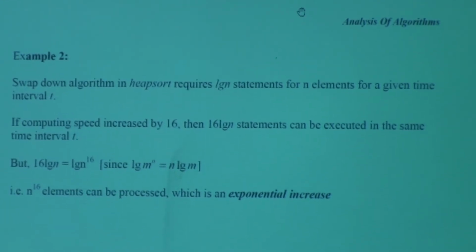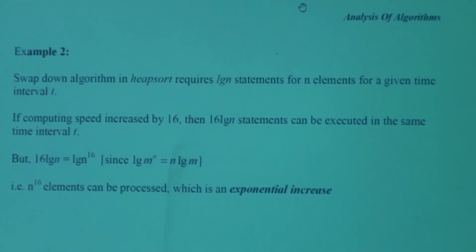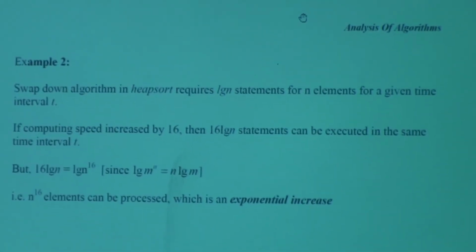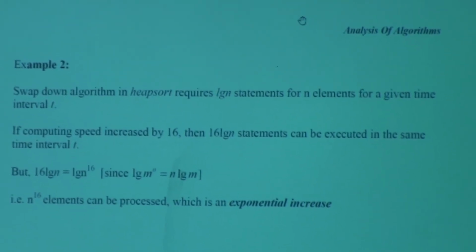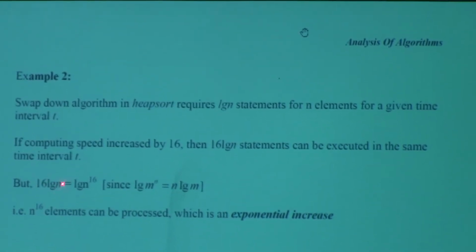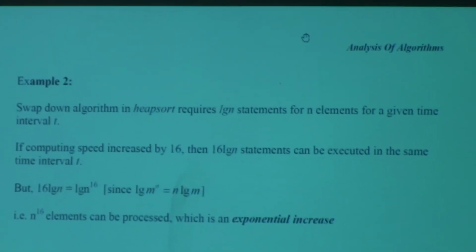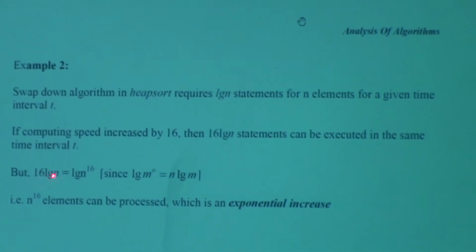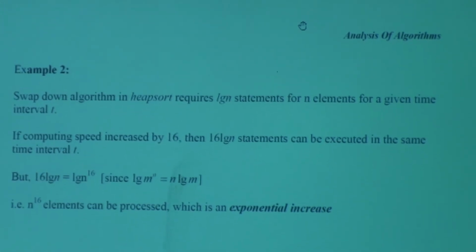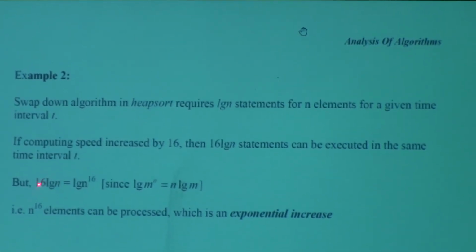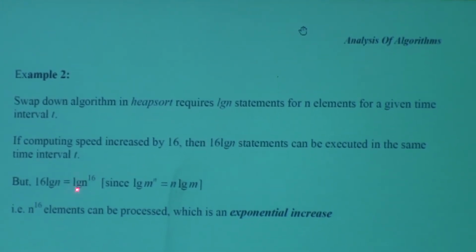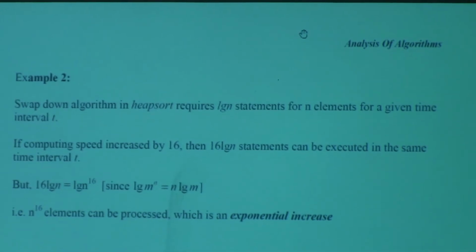So therefore, in the same time as I executed my LGN statements, I can now execute 16 LGN statements. Now you may recall that we have this thing called the power rule in logarithms, which means that the factor of the log can go up as a power of n. So that means that 16 LGN is equal to LGN to the 16th power.